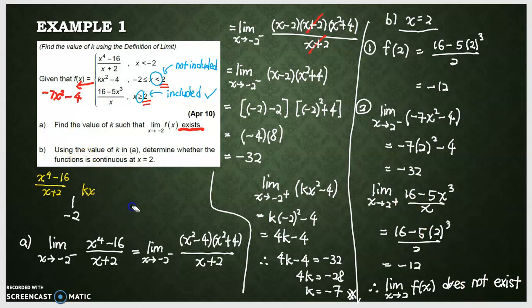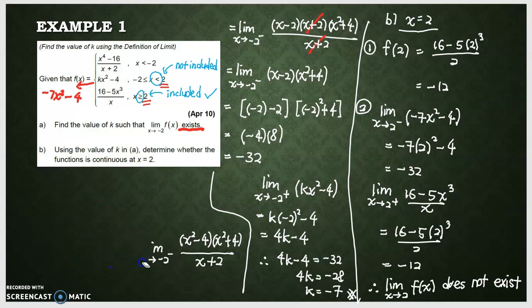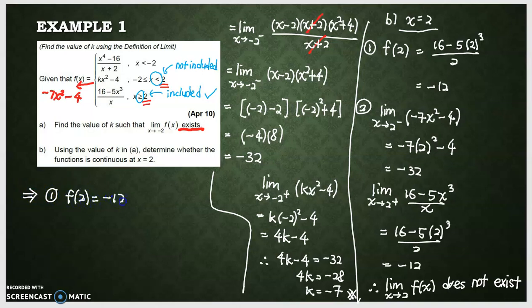Now comes the third condition, where we compare the first condition and the second condition. In the first condition, f(2) is equal to negative 12.